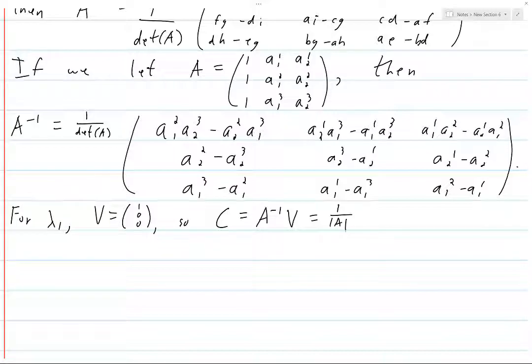And then, what will the vector become? Well, when you multiply A inverse times V, you're going to pick up this column here. So it's going to be this times A12, A23 minus A22, A13, A22 minus A23, A13 minus A12.